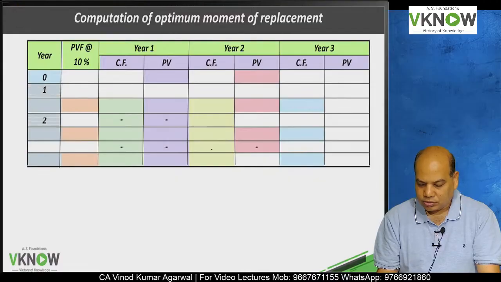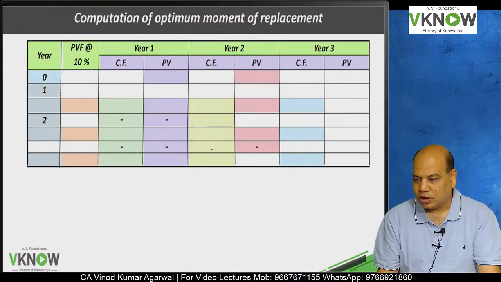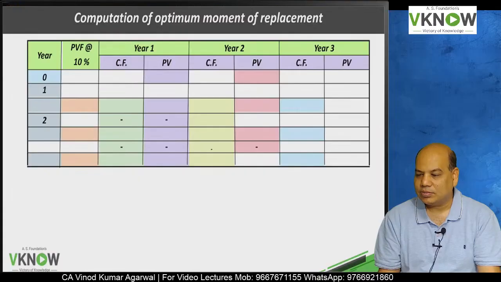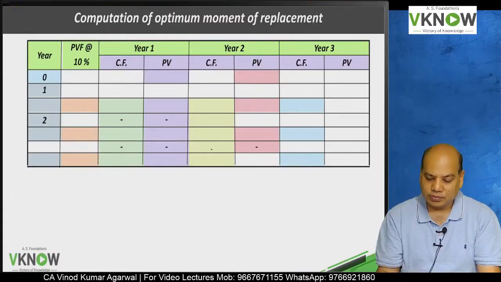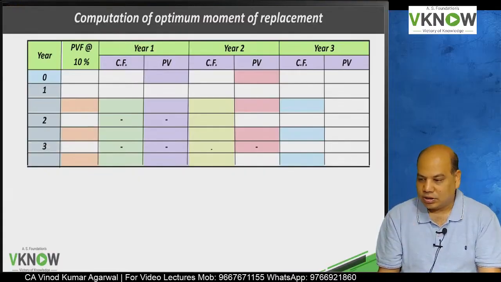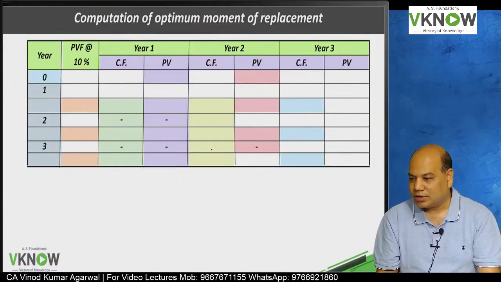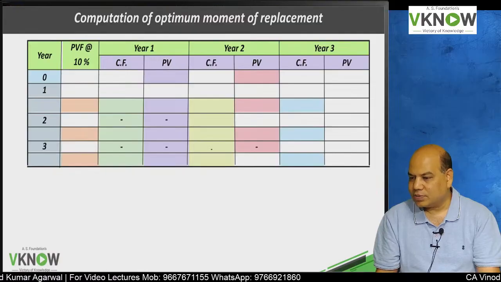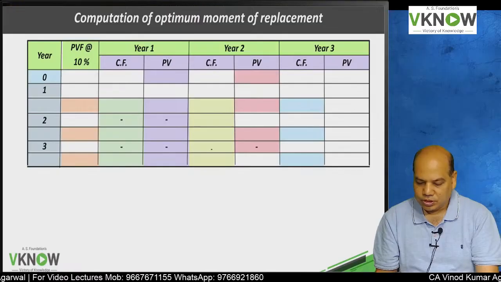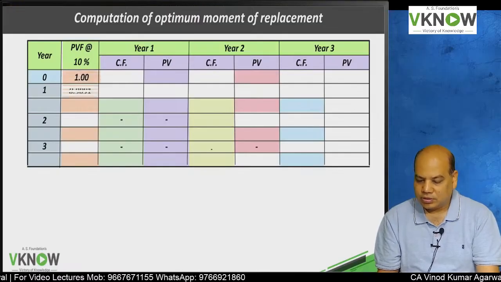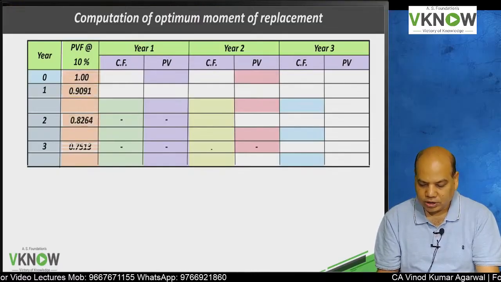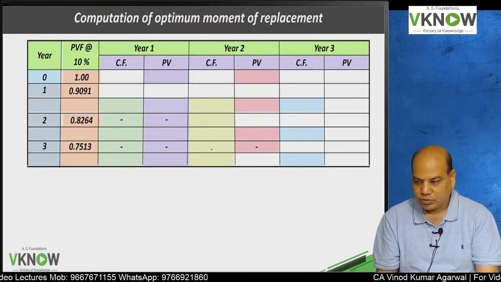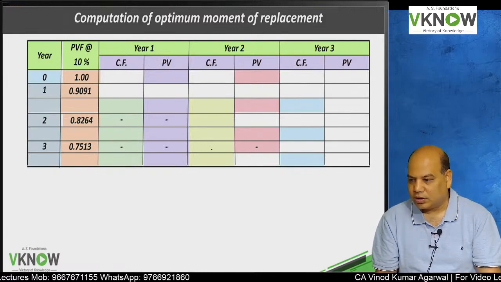In year 0, year 1, keep a gap of 2 lines, then write down year 3, because I need to write some working also in the next line. So keep 2 lines blank between 2 years, year 0, 1, 2, 3. Write down PV factor at 10%. PV factor you are going to multiply with the cash flow.